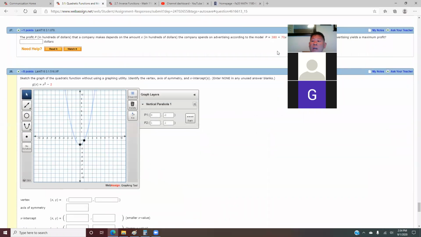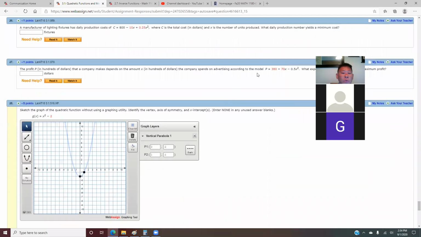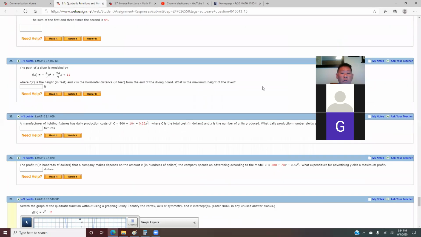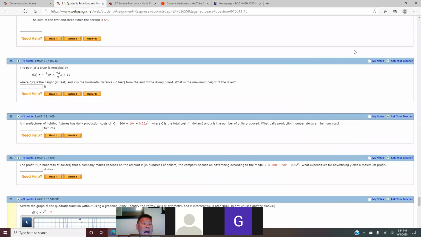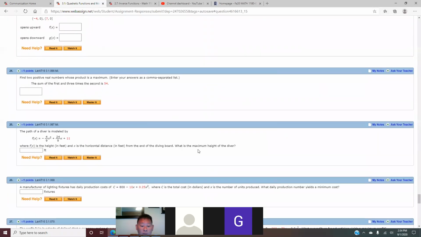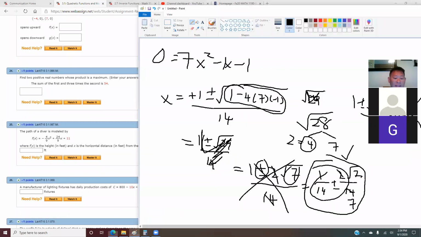They will say round your answer to 3 decimal places or something like that. Then you use your calculator. Mostly everything here is going to be exact form. And the meaning of exact form is that it's all going to be in the square root like this.